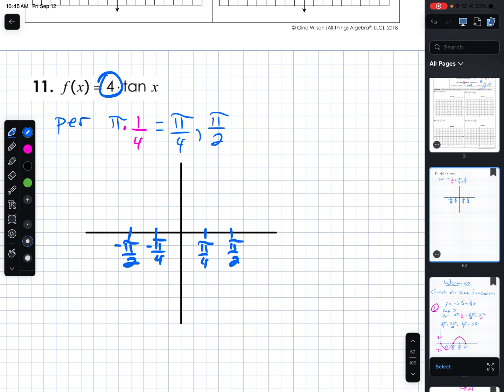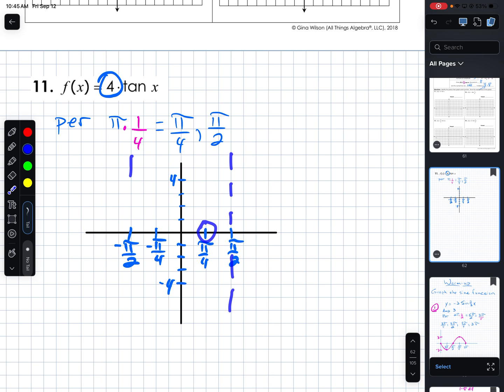I'm going to go up 1, 2, 3, 4 units. I'm also going to go down 1, 2, 3, so -4 down here. So when I talked about skipping one for my asymptotes, I'm not going to do an asymptote here, but I am going to do one right here.